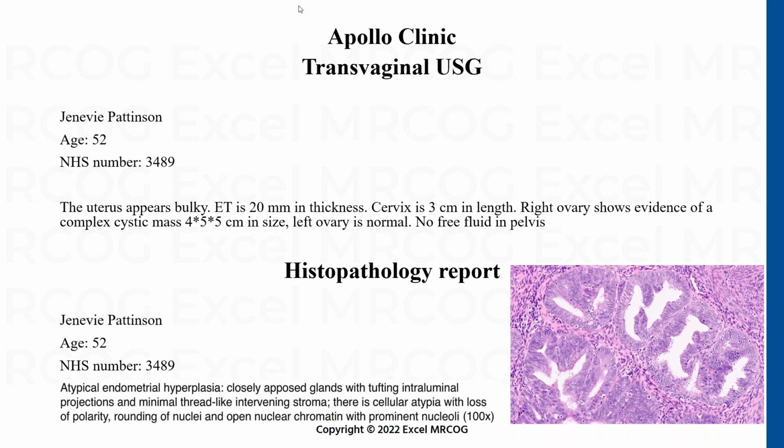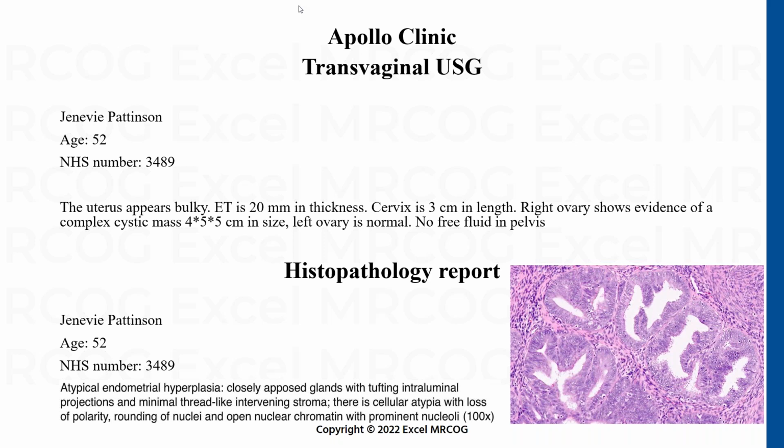I would offer her a hysterectomy, which can be laparoscopic or a total abdominal hysterectomy, depending on the expertise. That would be the definitive treatment in this patient, depending on the patient's wishes.